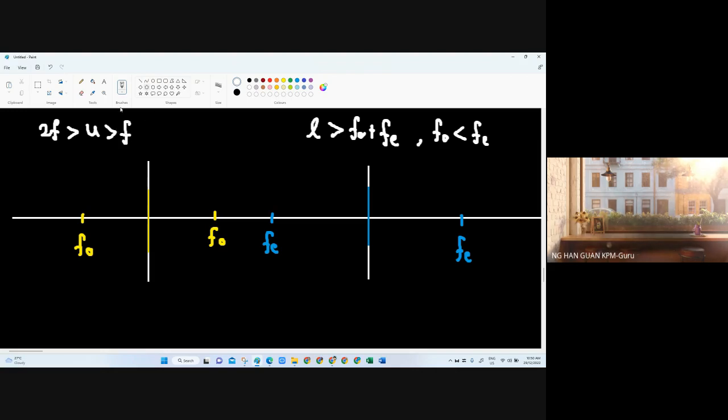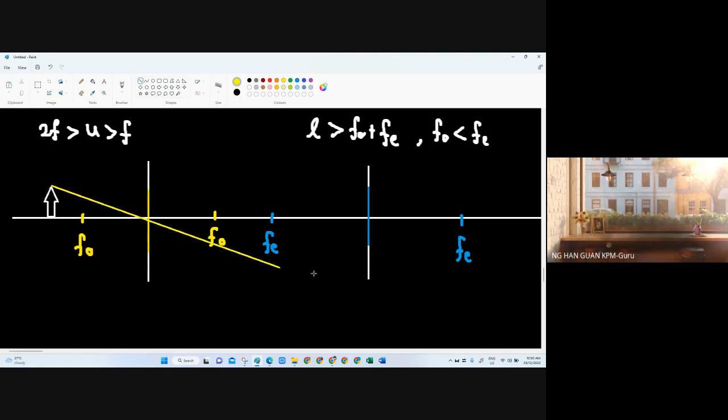Right, so our object must be here. Let's say this is our object, between f and 2f. Now we apply the drawing as we learned before. First, the ray must always go through the optic center, which is here, the object center here.